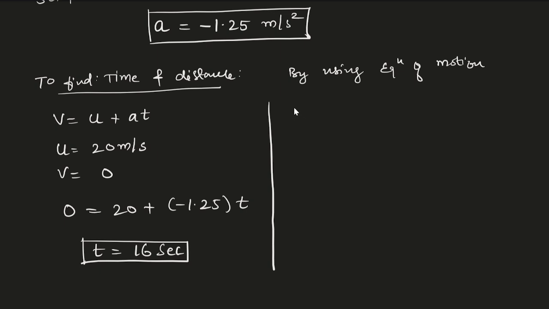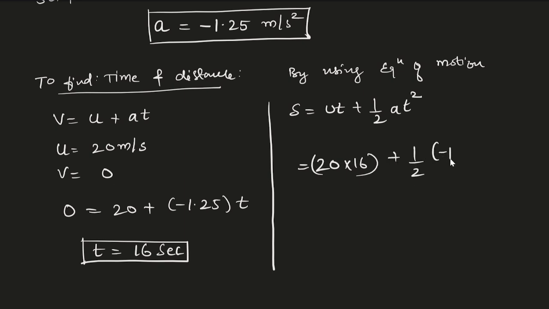We have the equation s equals ut plus half a t squared. We know u is 20 and the time is 16 seconds, so s equals 20 into 16 plus half into minus 1.25 into 16 squared. If you do the calculation, we get the distance s equal to 160 meters.